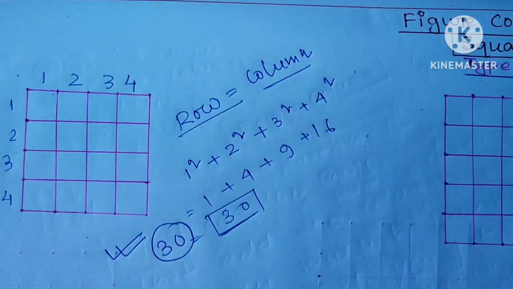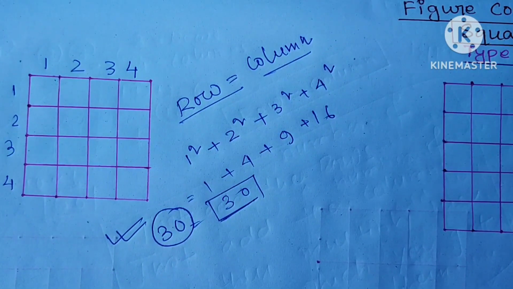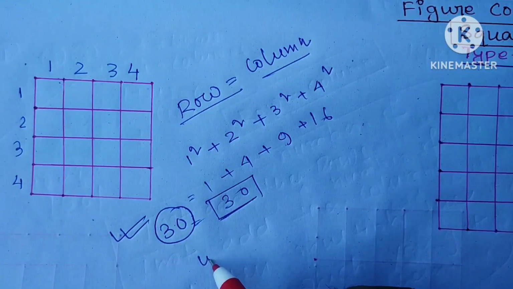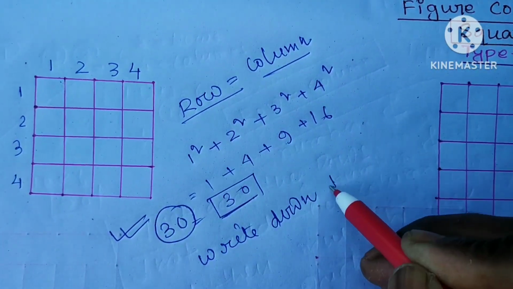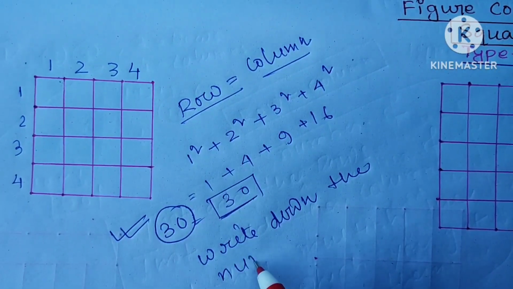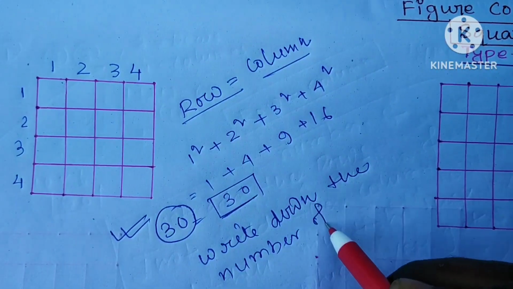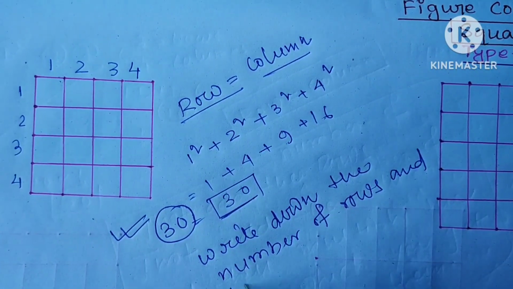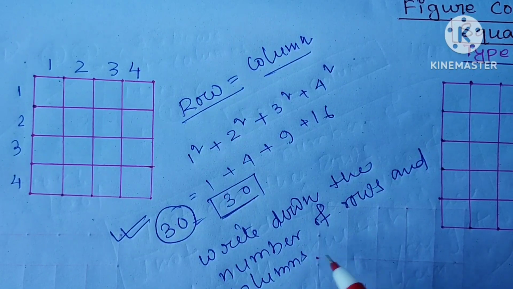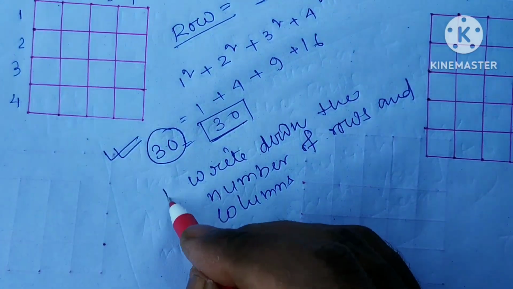What is the trick? Unlike rectangle, first write down the number of rows and columns.